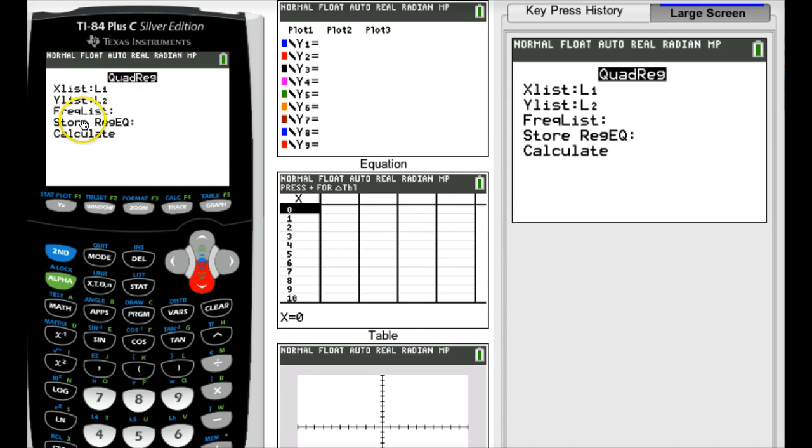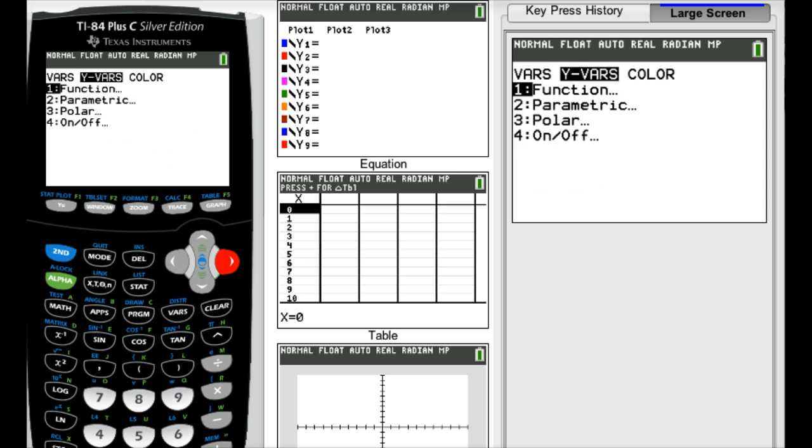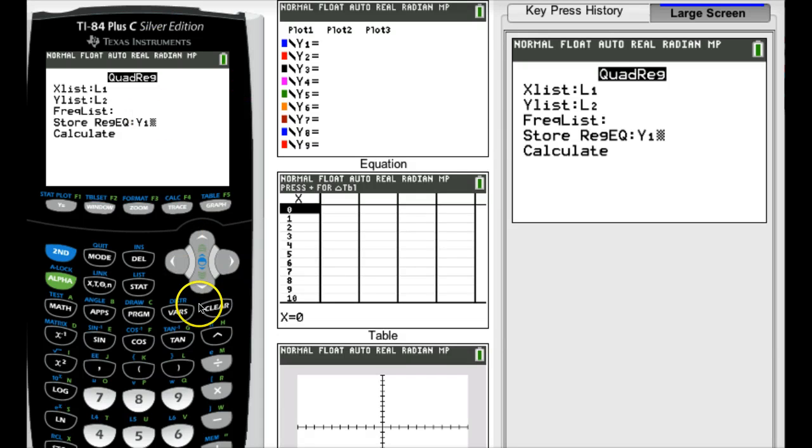Now, remember, normally we would have it store the regression equation here by doing Vars, Y-Vars, choice 1 for function, and then choosing a place. Now, here you could skip that step because it doesn't ask you any other questions. It just asks you for the equation, but it doesn't hurt.